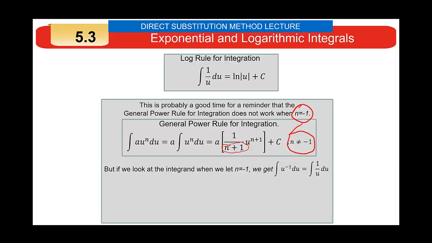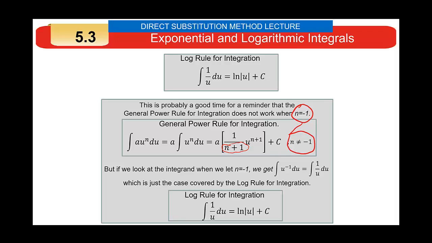So that's why the formula that we call the general power rule for integration never worked for minus 1. We didn't make a big deal about it because we knew the gap would be filled in when we got to this. So the log rule for integration is basically the one case where the general power rule didn't work, the case where n is equal to minus 1.